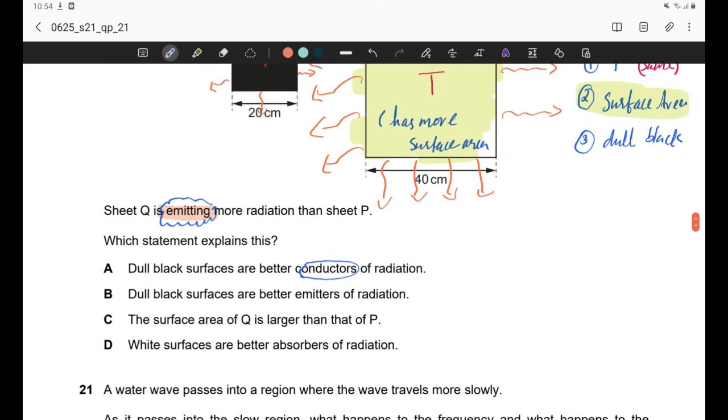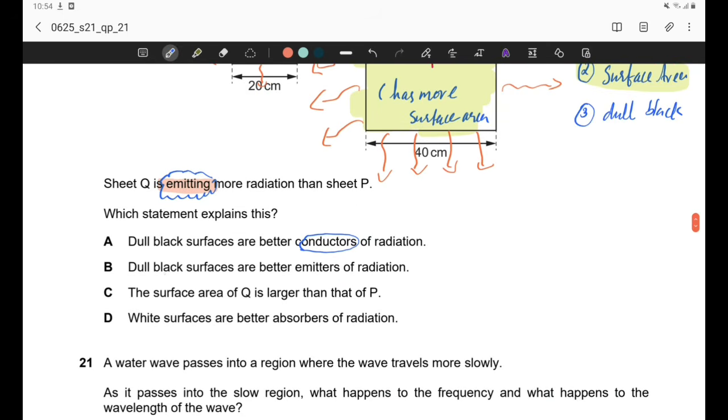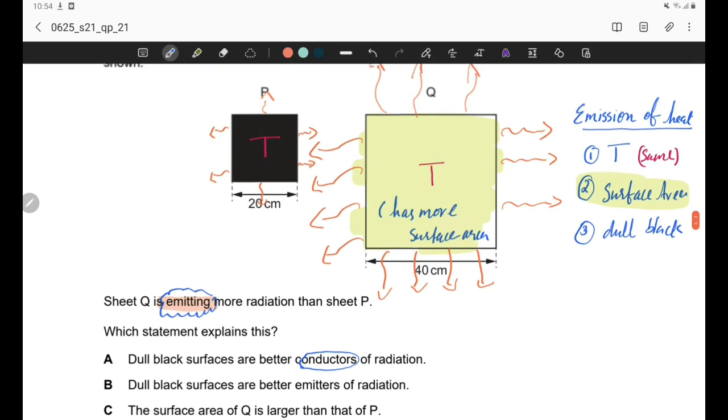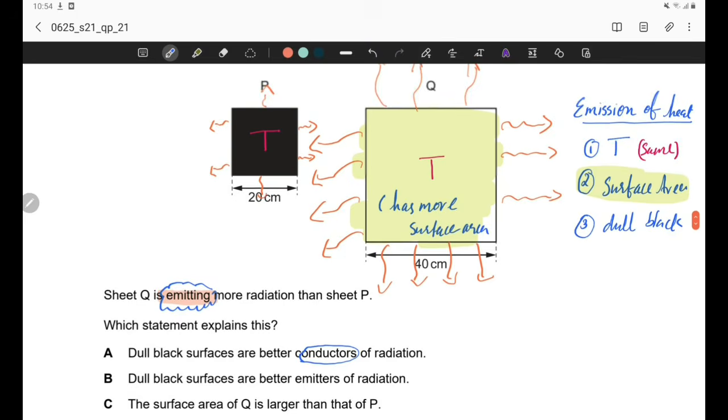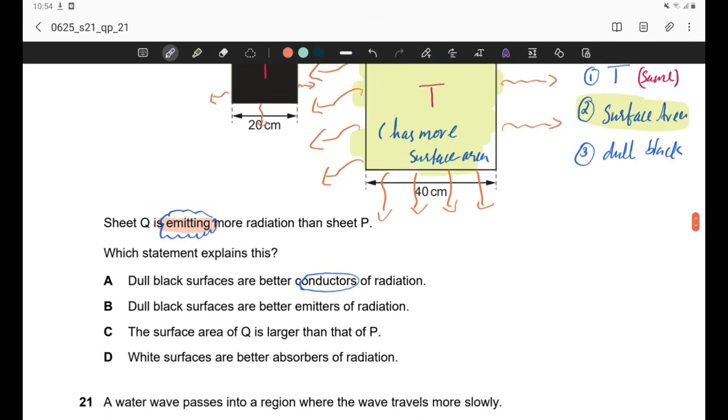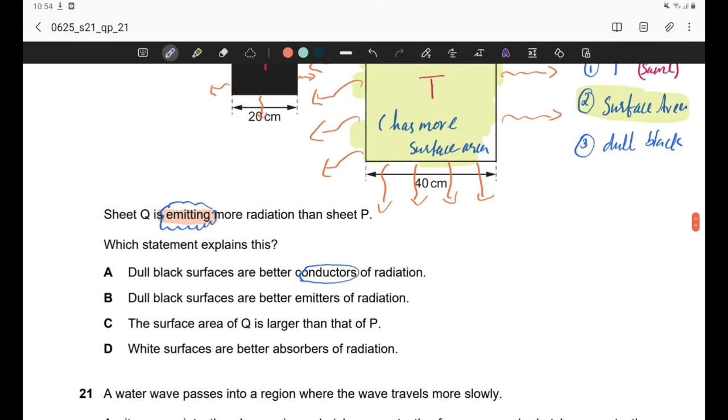So about emission we cannot get any clue from option A. Option B says dull black surfaces are better emitters of radiation. But sheet Q is not made of dull black, so that is not the explanation for this conclusion. Therefore option B is also not correct.